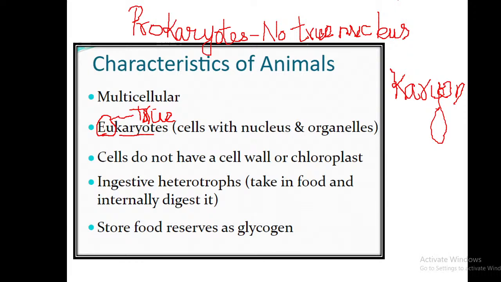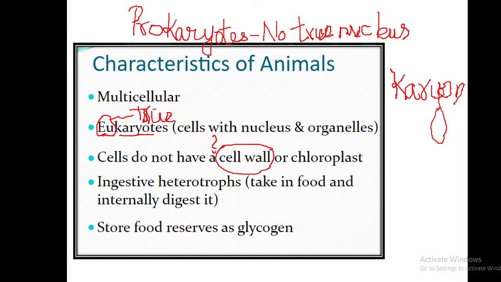Cell wall endinte characteristic aanu? I'll ask the next question. Presence of cell wall, not membrane, presence of cell wall is a characteristic of dash. This is actually an introduction, so you need to answer the questions which you were studying in school.